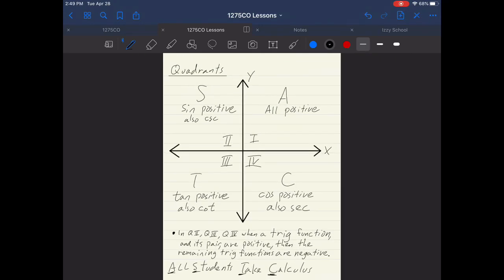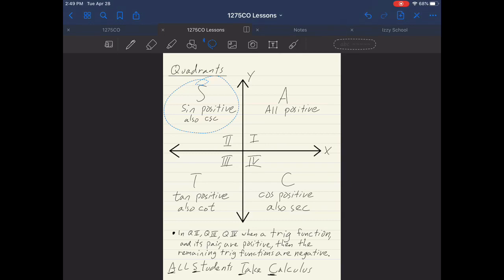Now, if the sine function, let's say for instance, in the second quadrant, if the sine function is positive and cosecant also, that implies that everything else, tangent, cotangent, cosine, secant, those are all negative, right? So everything is positive in quadrant 1, but in quadrant 2, only the sine function and the cosecant function are positive.